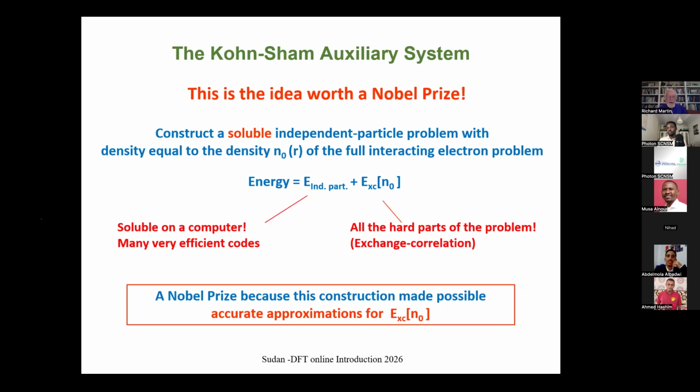But the idea from the original Hohenberg and Kohn idea is that extra part, the hard part of the problem, is a function of the density. If you knew the density, in principle, you know that. And here was the idea that made it really, really useful. It's that you can approximate that term, and you can approximate it accurately.